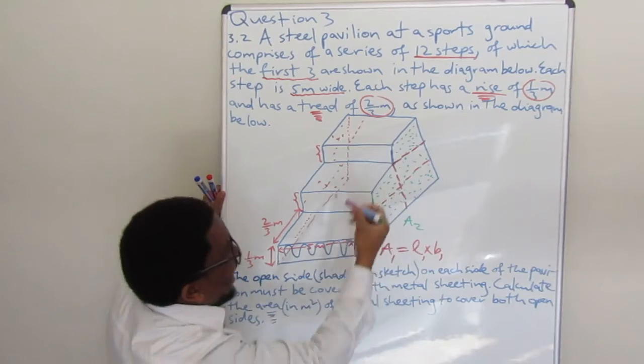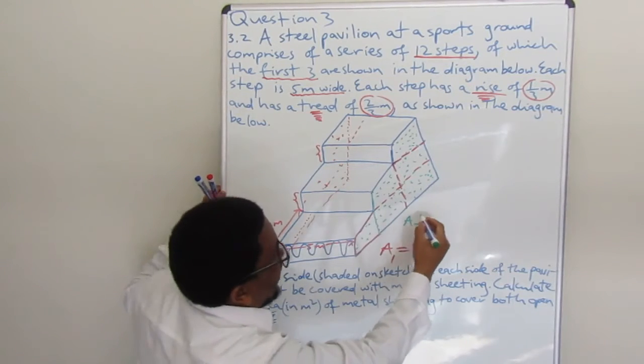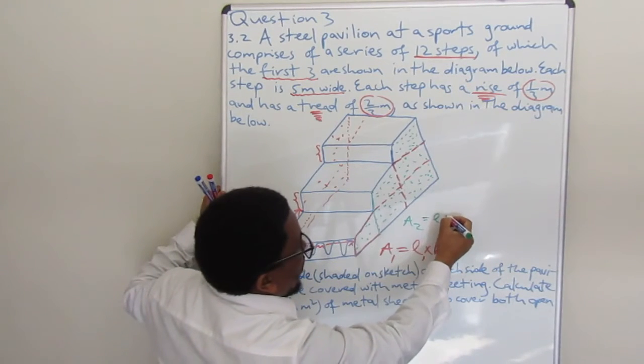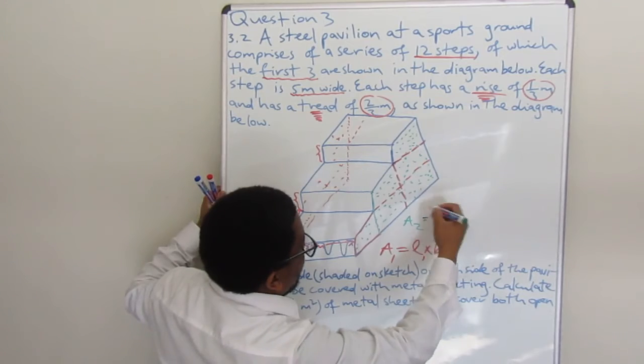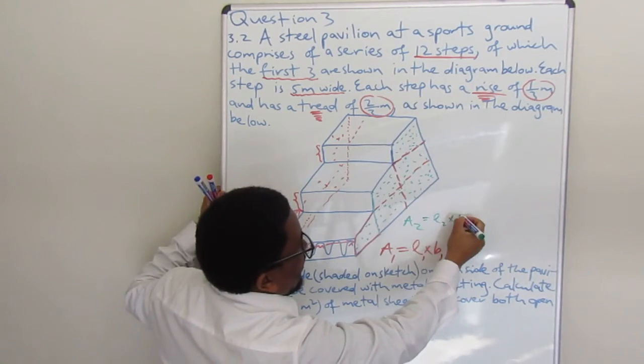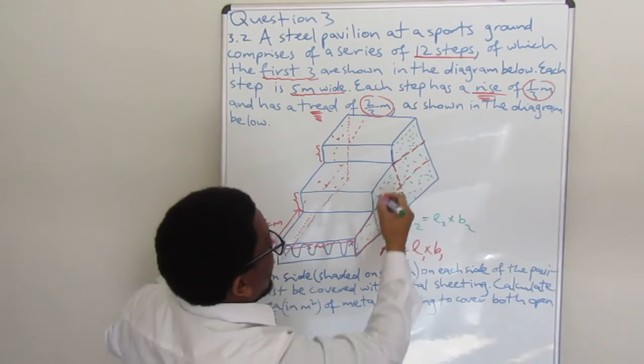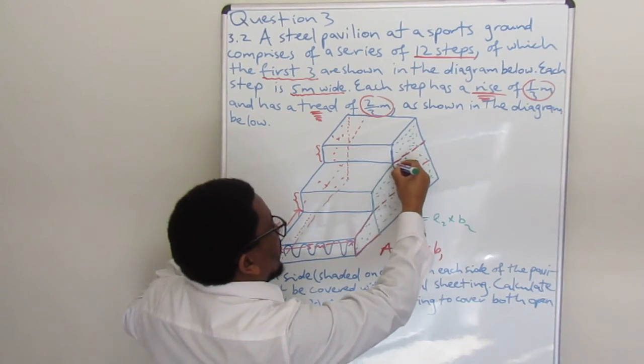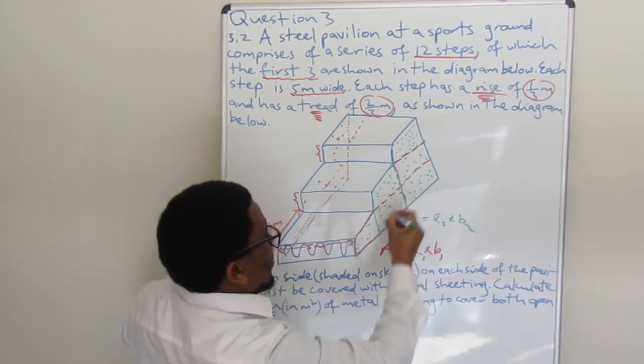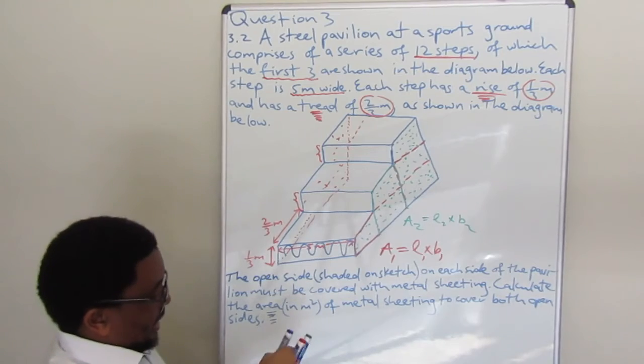So my rise has been doubled here. Can you see that now? This will be length 2 times B2. Let me just put it that way. There we go. This is the second area that I'm going to get there.